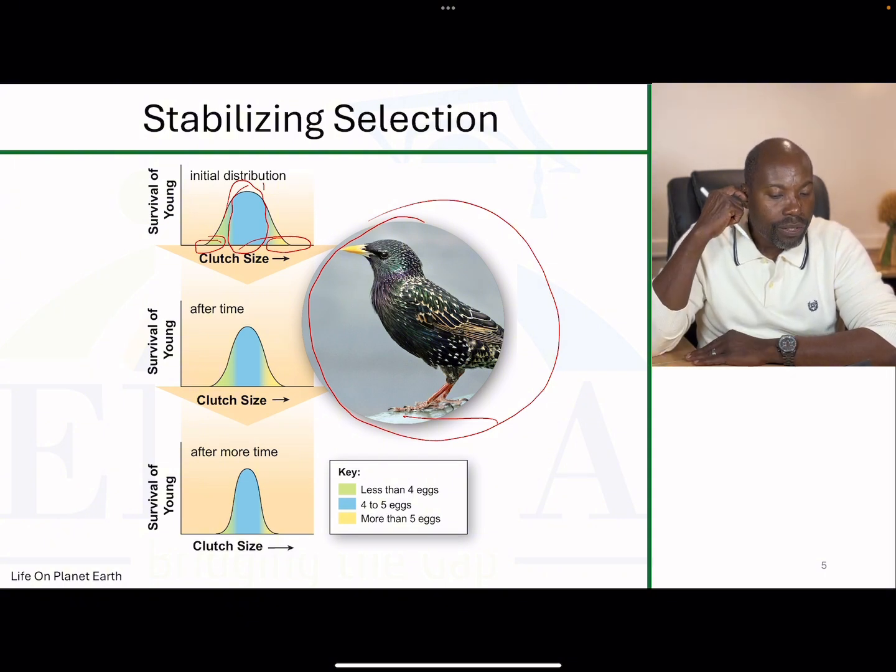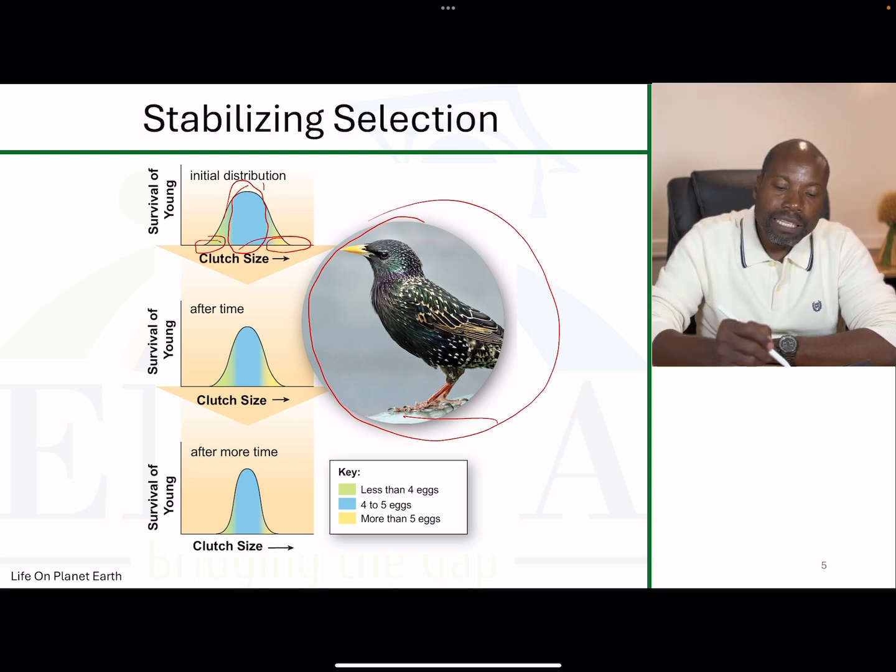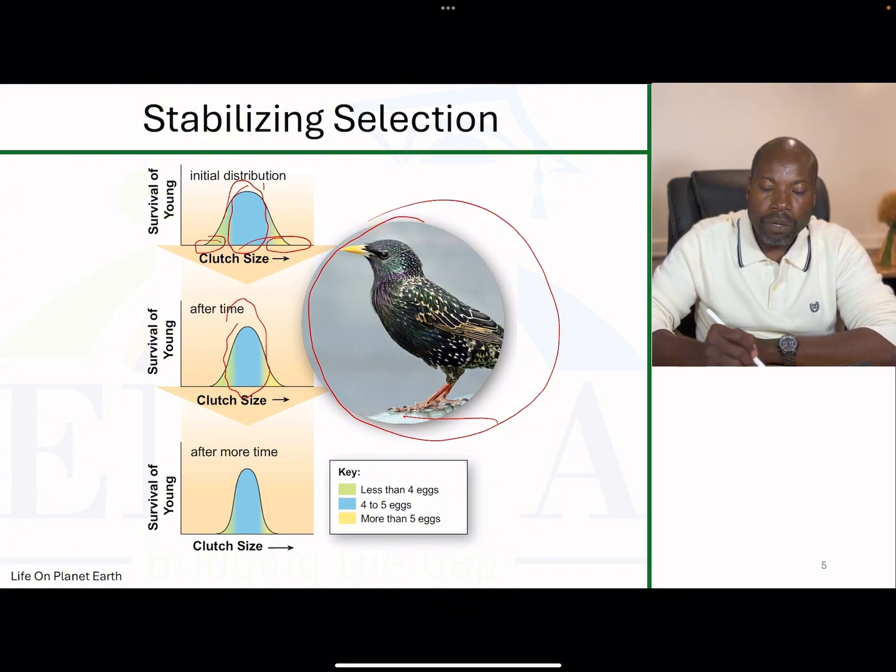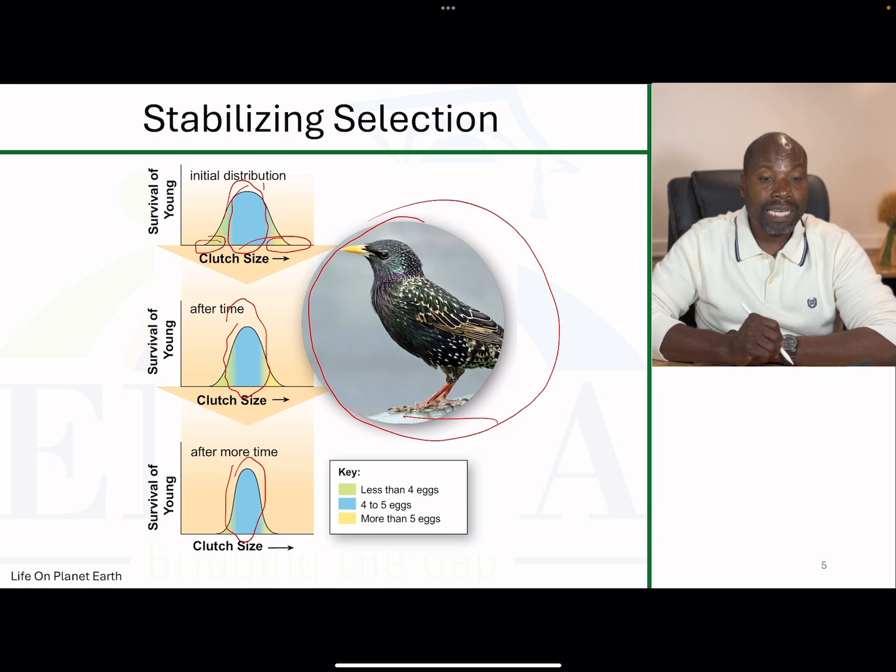What we notice is that in terms of survivorship, the individuals that lay 4 to 5 eggs are the ones that are going to be most numerous over time.